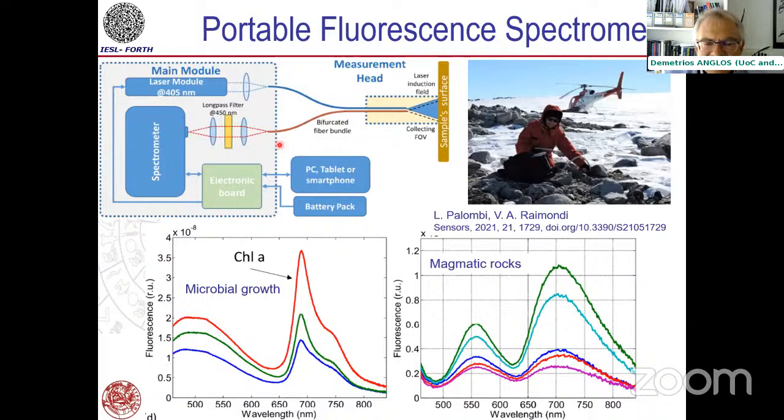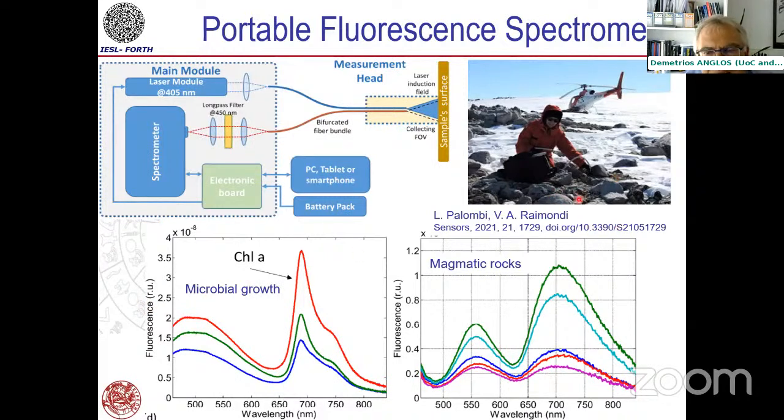So there's a slightly different approach with respect to the ones we saw a while ago. Now we have fiber optic probes which actually transmit the light all the way to the target surface, to the sample surface, and collect the emission. In some examples, as we see on the bottom of the slide, there are clear chlorophyll emissions from microbial growth on biological crusts found in Antarctica.